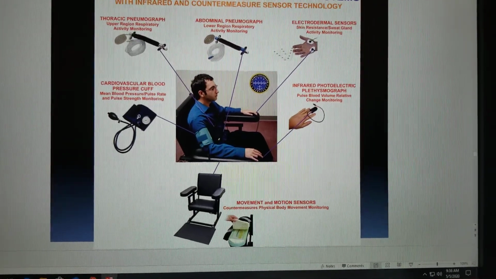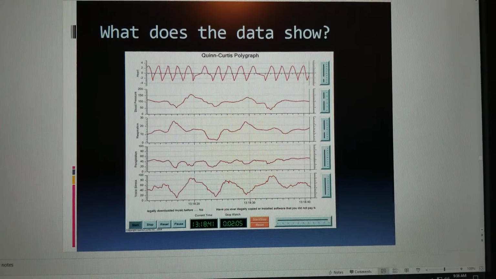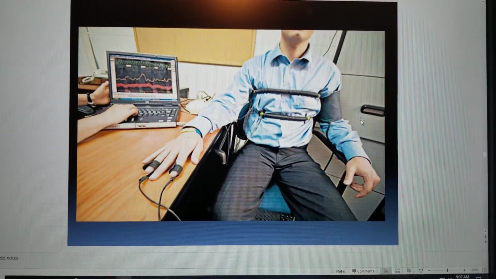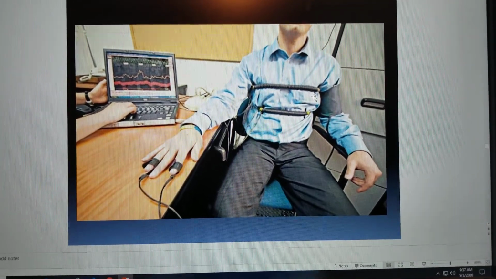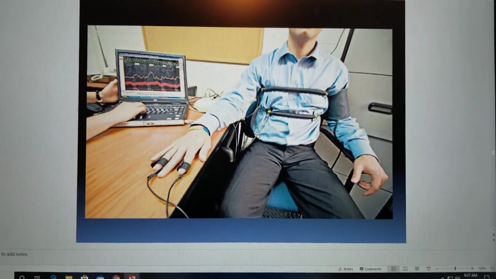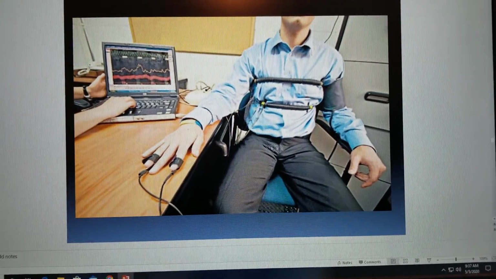Now, there's some people you've heard that can beat a polygraph. To an extent, individuals are trained to calm themselves down in high-pressure situations, keep their respiration calm, keep their heart rate, blood pressure calm, less body movements. Absolutely, there are people that are trained.